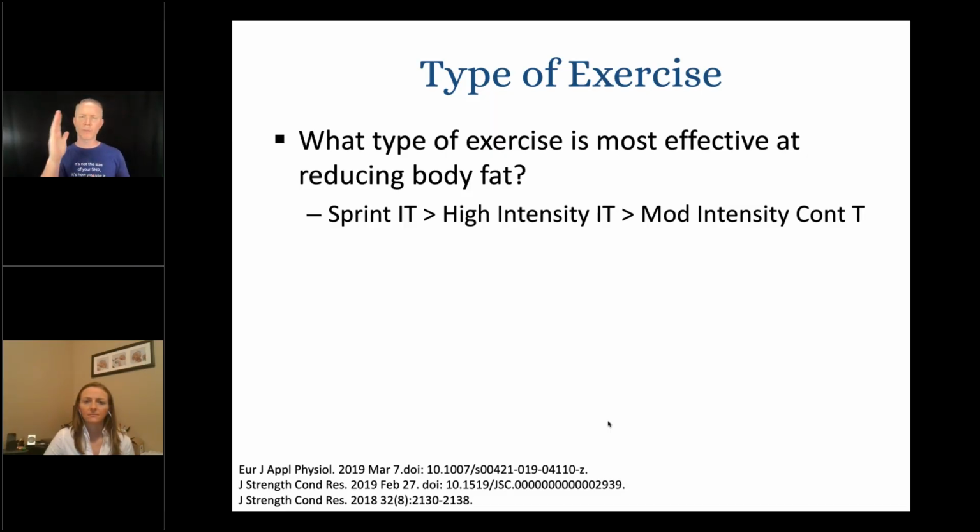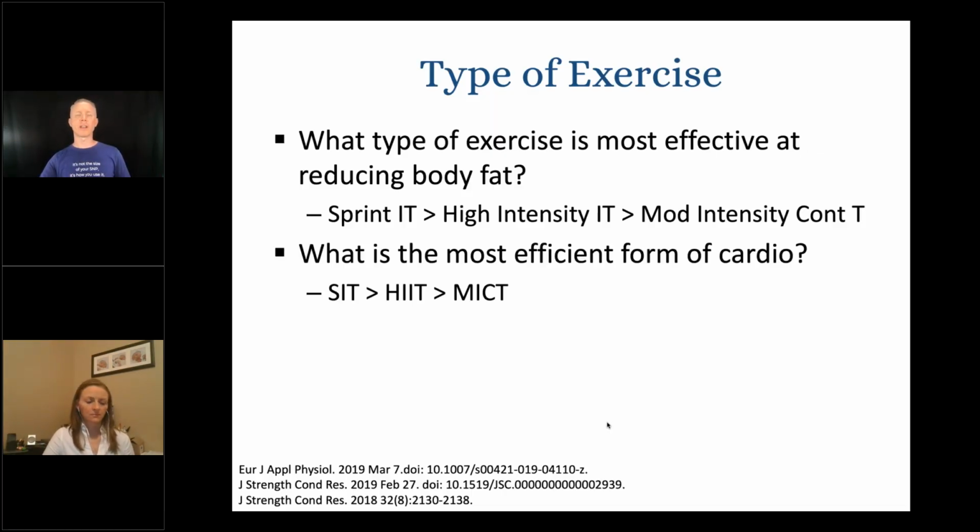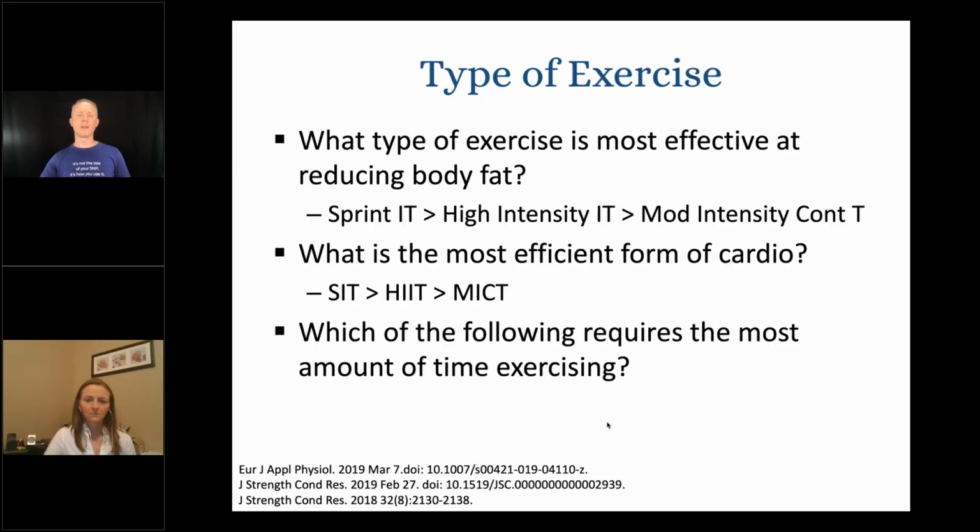Some people start at the moderate intensity continuous, which is sort of that brisk walking scenario. You have to work longer to lose the same amount of fat as sprint interval training would in a short period of time. So when you look at the most efficient form of cardio, it is sprint interval training, but it's also the hardest. And then which one requires the most amount of time to exercise? The moderate intensity continuous therapy, which is the brisk walking.